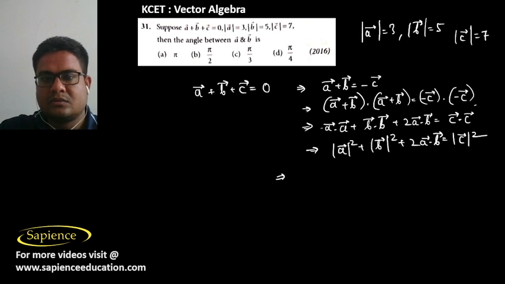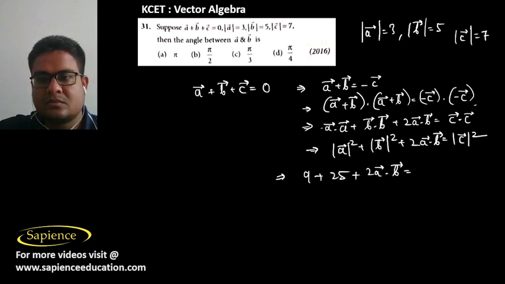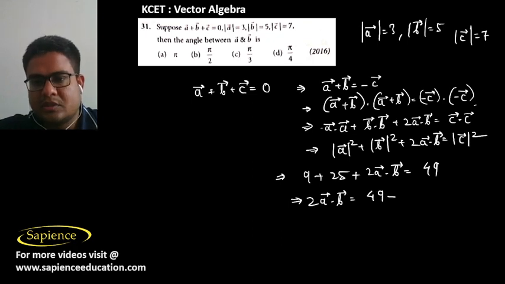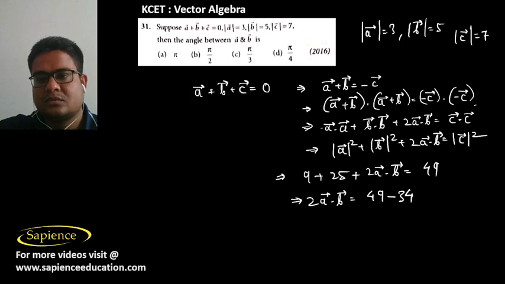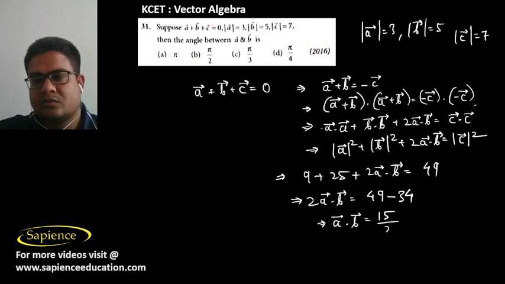Therefore 3 square is 9, plus 25, plus 2 a dot b is equal to 7 square, that is 49. Therefore 2 a dot b is equal to 49 minus 25 plus 9, that is 34, so 2 a dot b is 15. So a dot b is equal to 15 by 2.